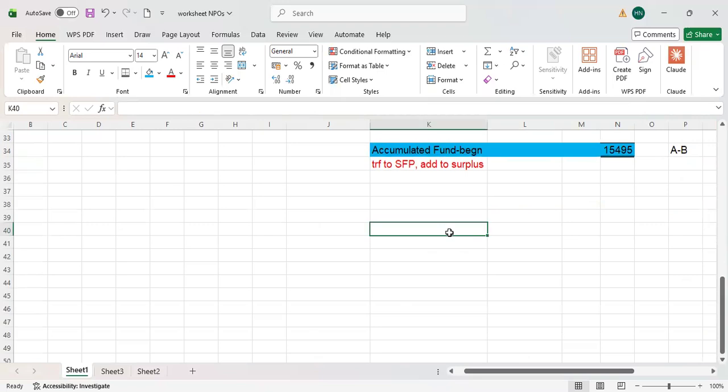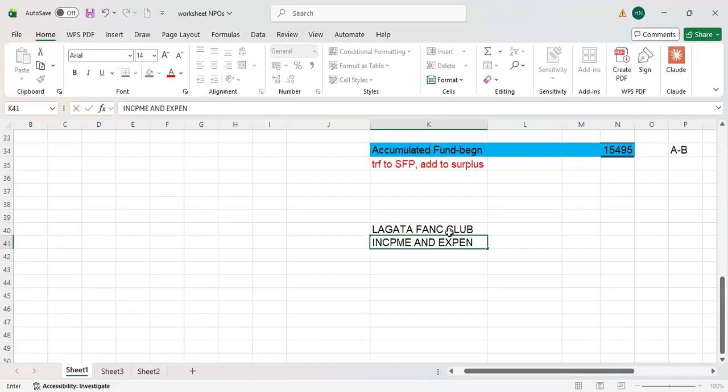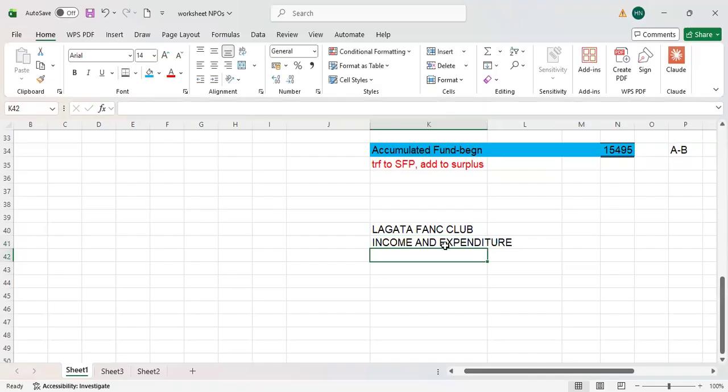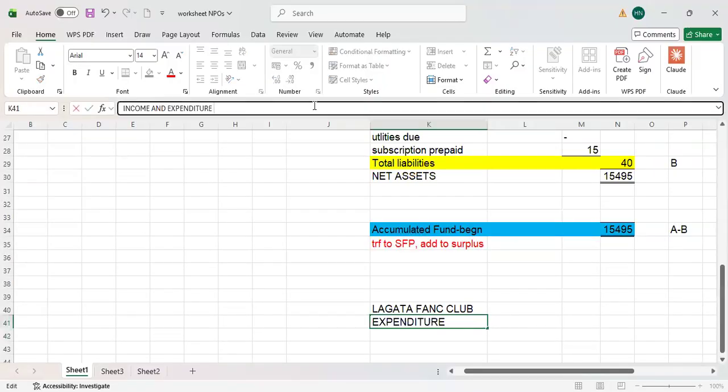You do your income and expenditure. You open that also. Income and expenditure accounts for the year ended 31st December 2021.